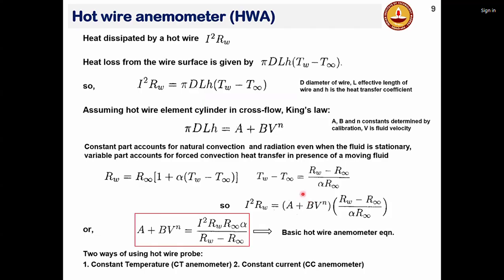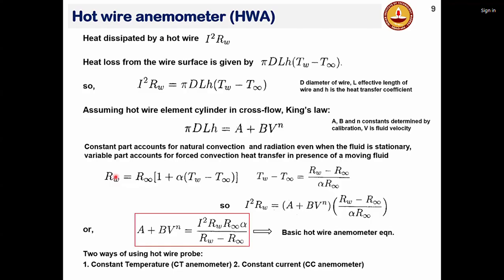In this kind of cross flow, King's law is valid, which says that pi d into L into H can be expressed in this form: A plus B into velocity to the power n, where A, B and n are constants that can be determined through proper calibration. What is important to note here is that D and L are geometrical parameters. So the heat transfer coefficient is a function of velocity. Now we go further.